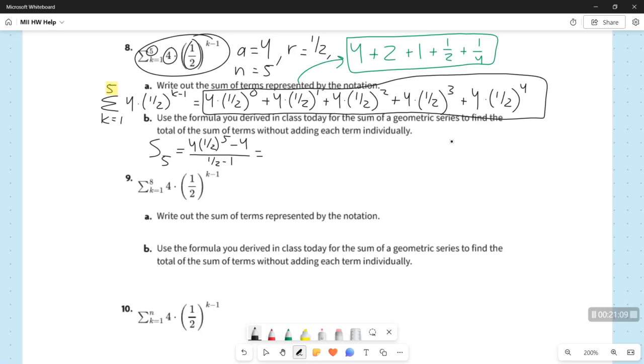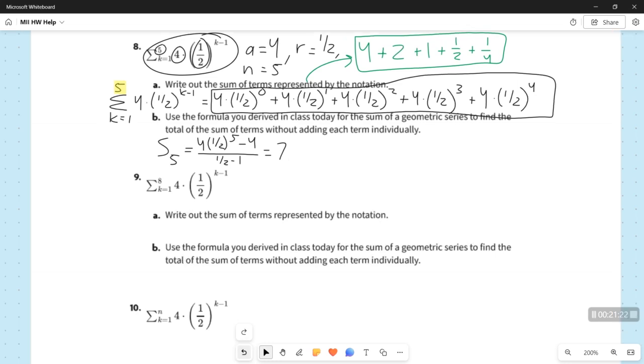So, getting back to our answer here, we end up getting 7.75, which we just established is the same thing as 31/4, and both of those are our answer in either form.